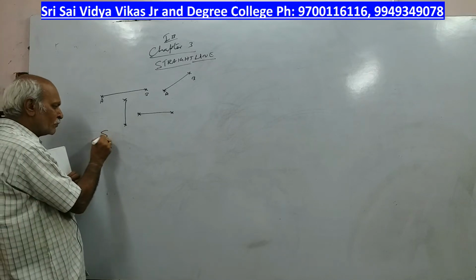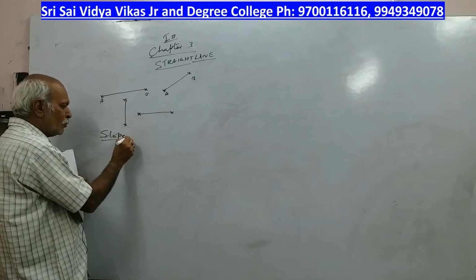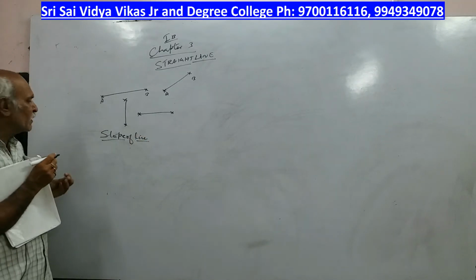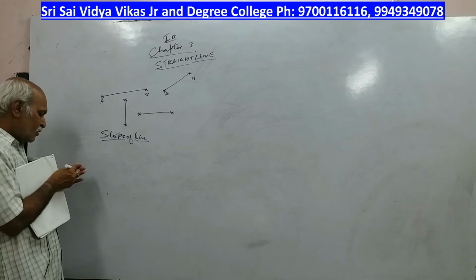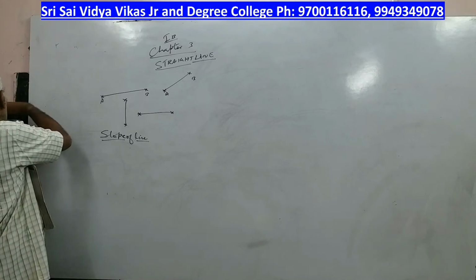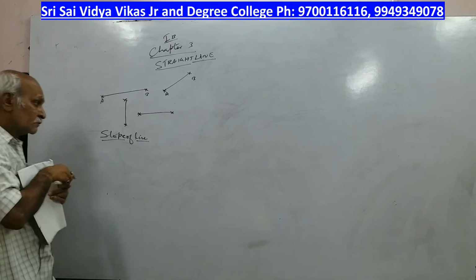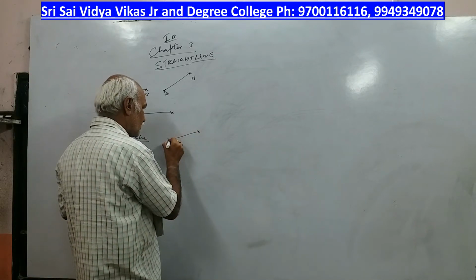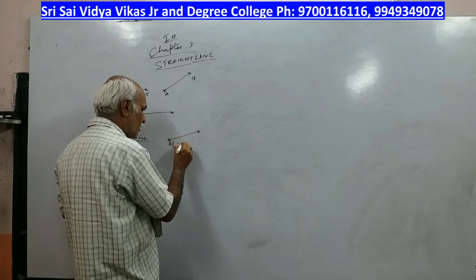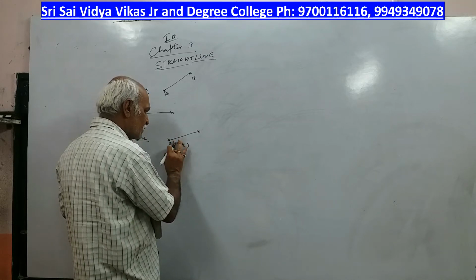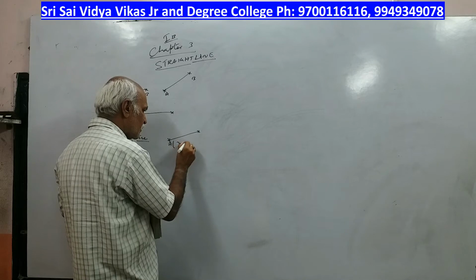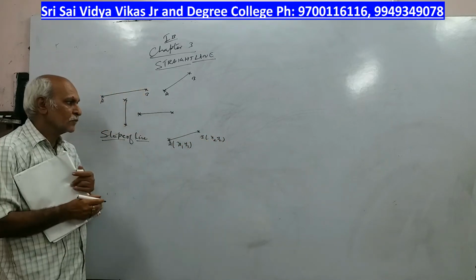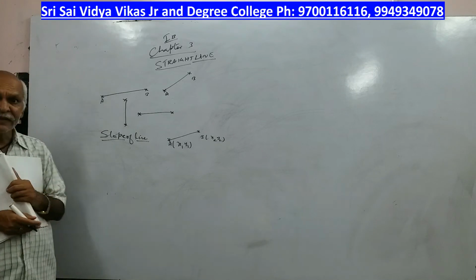Slope of the line. The formulas are very simple formulas, sir, you should remember this. What is the slope of the line? Take point A (x1, y1) and point B (x2, y2).